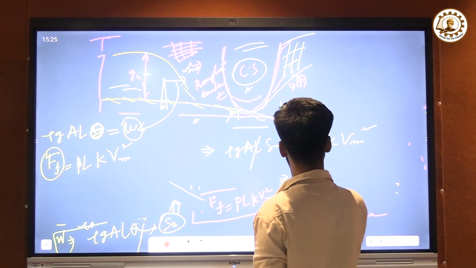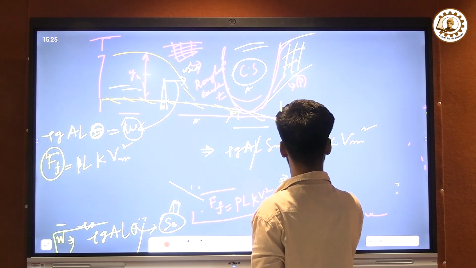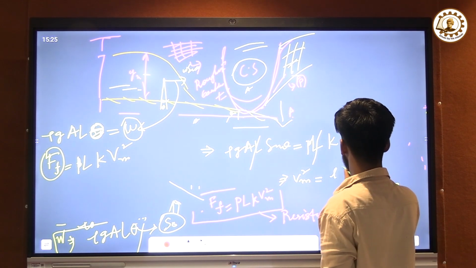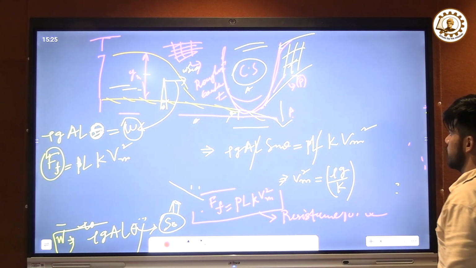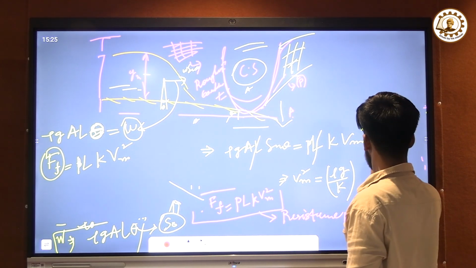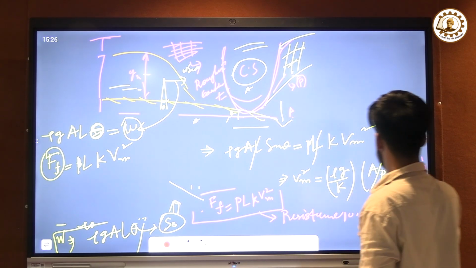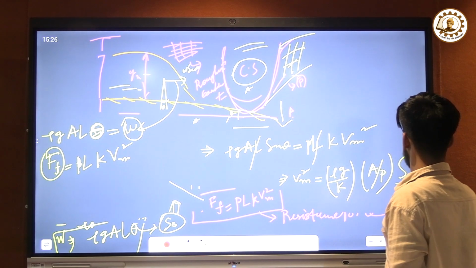So we are having Vm square equal to rho g by K, A by P, into S0.